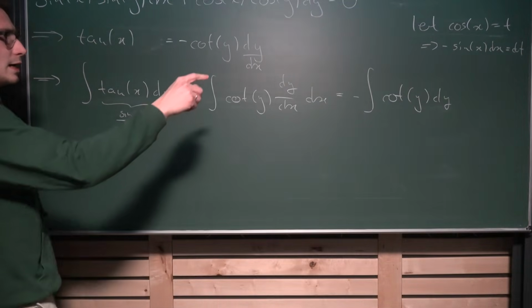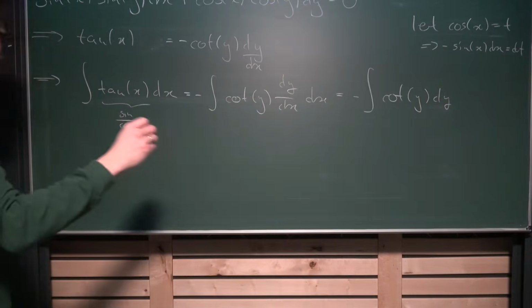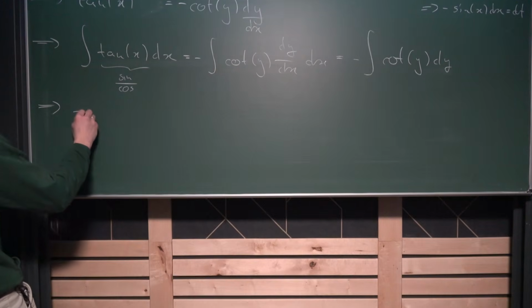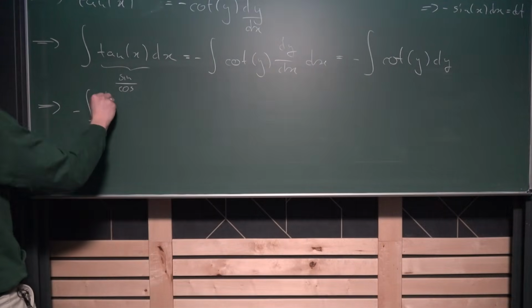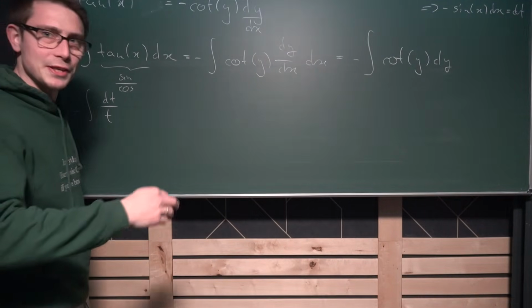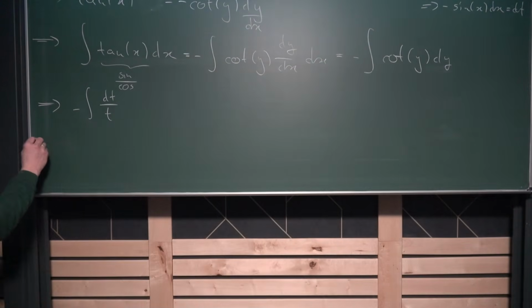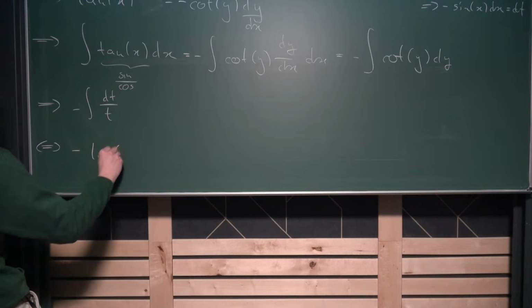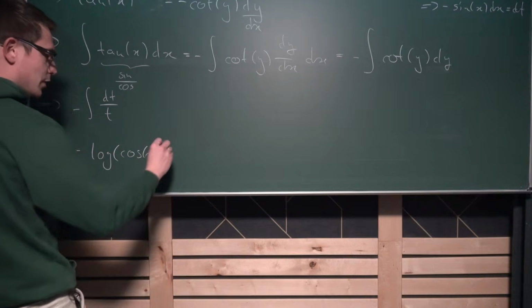So actually we are going to end up with a negative sign on the differential one form dt, giving us overall, by introducing the substitution, negative the integral of, so sine of x dx is dt, so dt divided by t, which is nothing other than the natural logarithm of t, but we know that t is cosine of x. So we are going to end up with, I'm going to put it down here, negative the natural log of cosine of x. Also plus some arbitrary constant c.